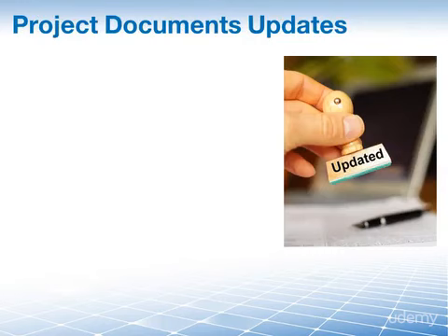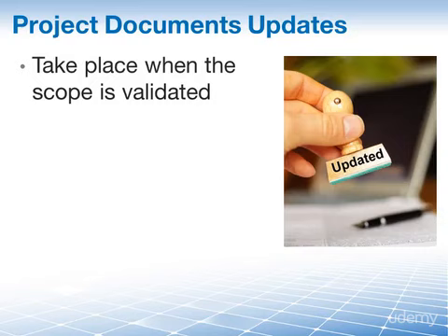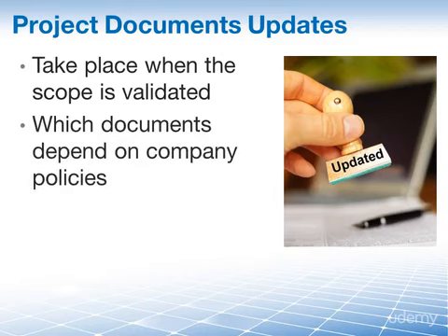As you have heard throughout the discussion, there is a lot of documentation that is happening as you are validating the scope. Just think of the checklists that you create. So it's obvious that updates to our project documents is also an output. Which documents require updating depends completely on your project and company policies.